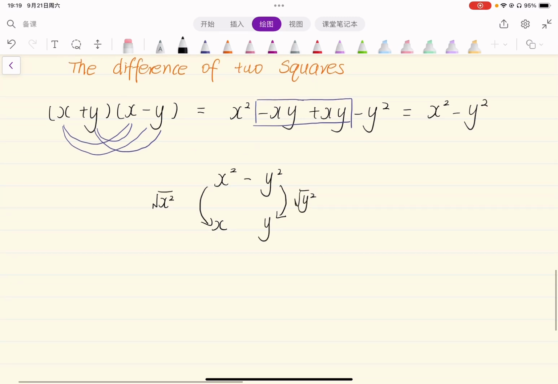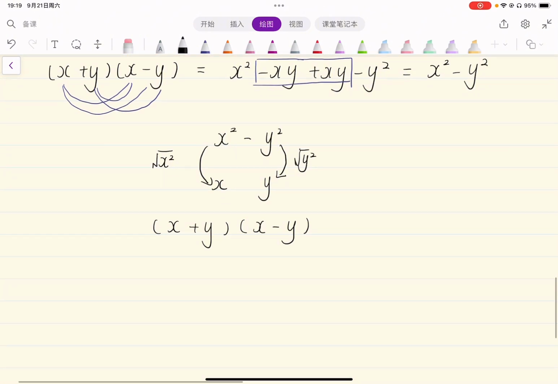Then we can write the factorization as x plus y times x minus y. Let's see some examples.